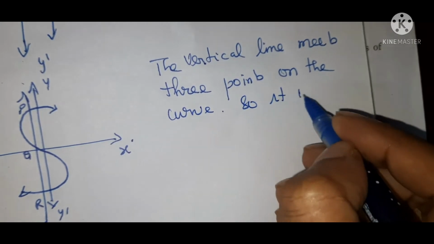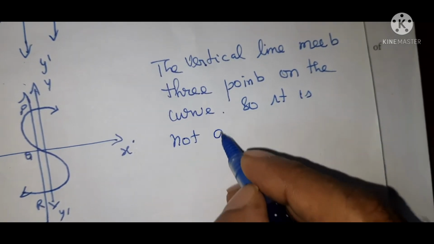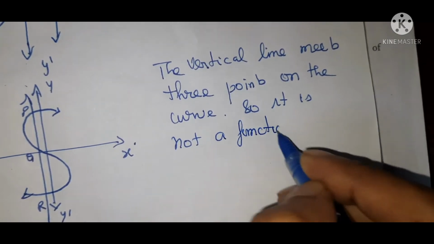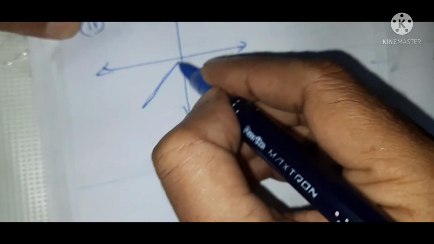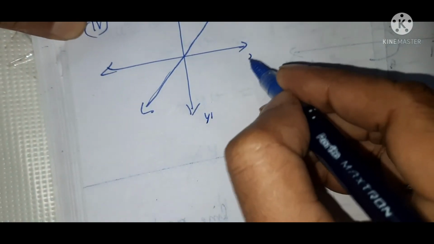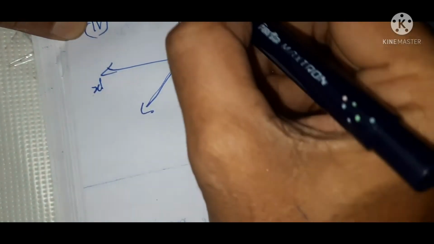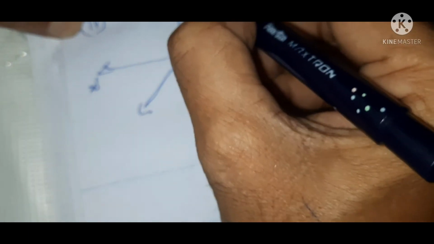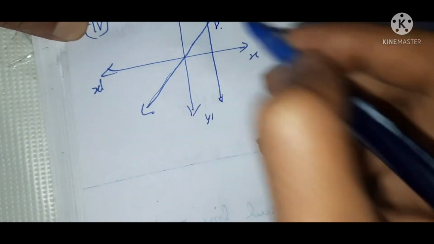So it is not a function. Fourth one. A line is drawn. It meets only 1 point.